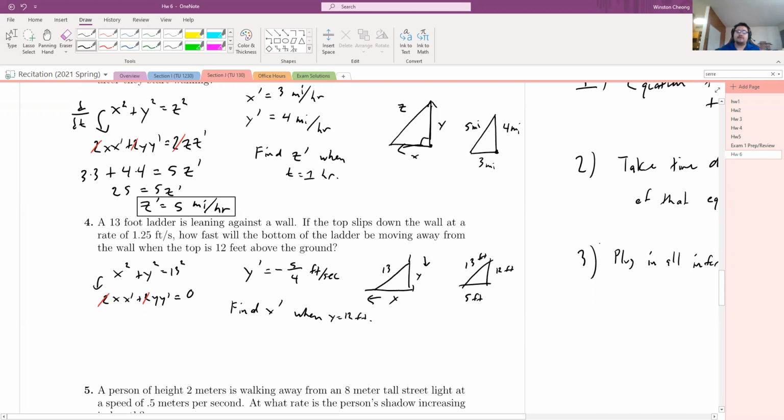So you got 13 and 12, so the other side has to be 5. If you didn't know 5, 12, 13, then you'd have to use the Pythagorean formula to calculate it. The calculation is the square root of 13 squared minus 12 squared, which is the square root of 169 minus 144, which is the square root of 25, which is 5. So yes, this is correct.